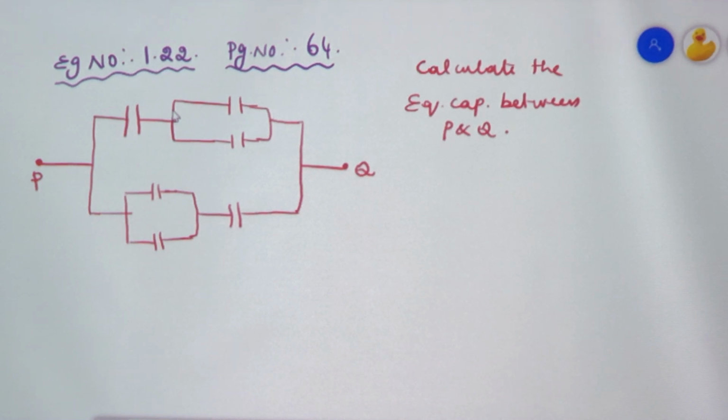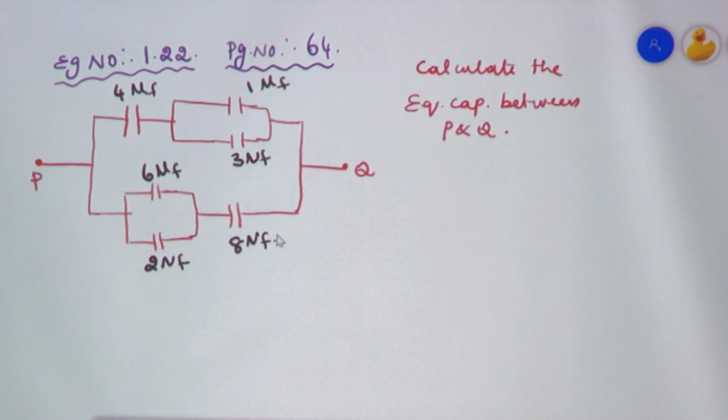The values are, this is 4 microfarad. This capacitance is considered to be 4 microfarad. This is of 1 microfarad and this of 3 microfarad and this of 6 microfarad. This one of 2 microfarad and this one of 8 microfarad.